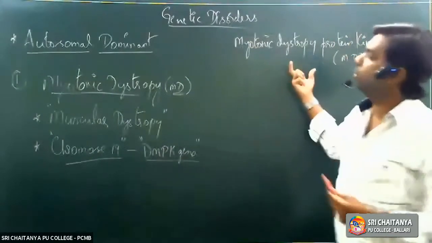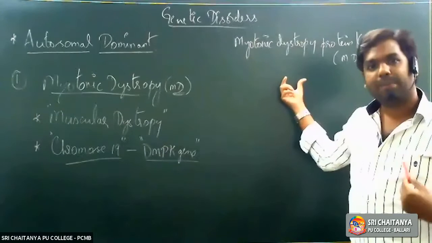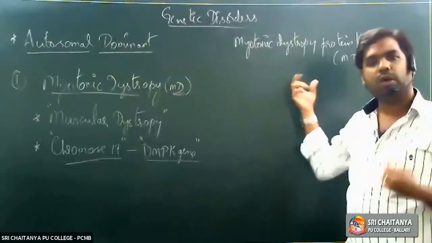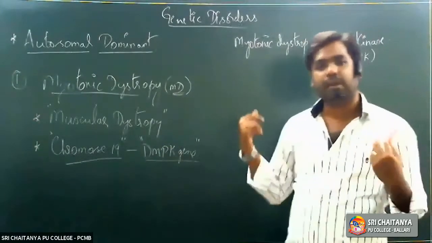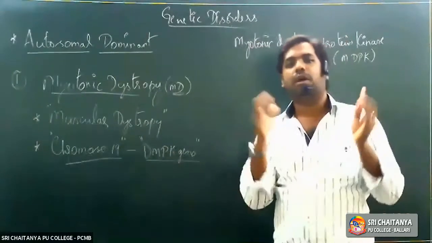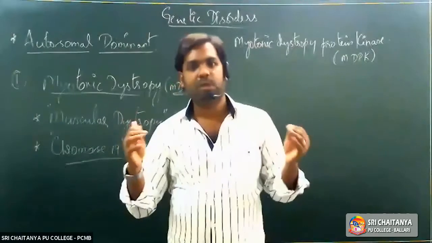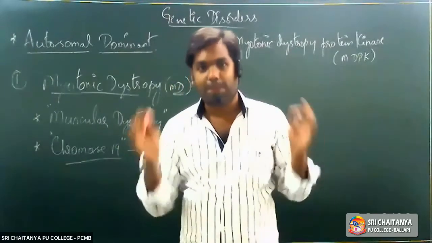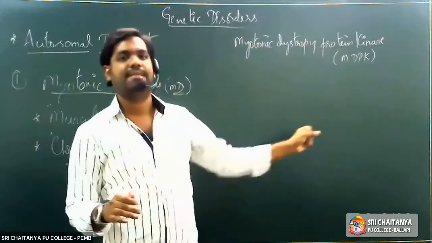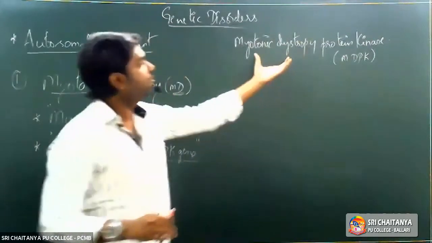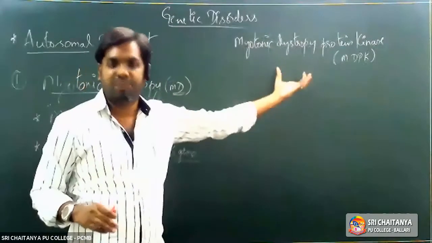Now, since this protein is not formed, what exactly is happening in the body? The muscle contraction and relaxation process is getting affected. The muscle is able to undergo contraction, but relaxation is not happening because of this protein being deficient.